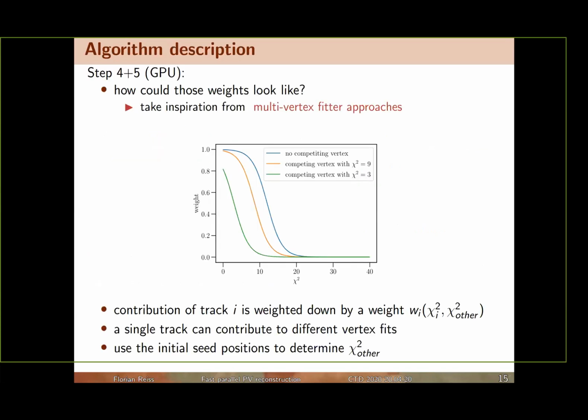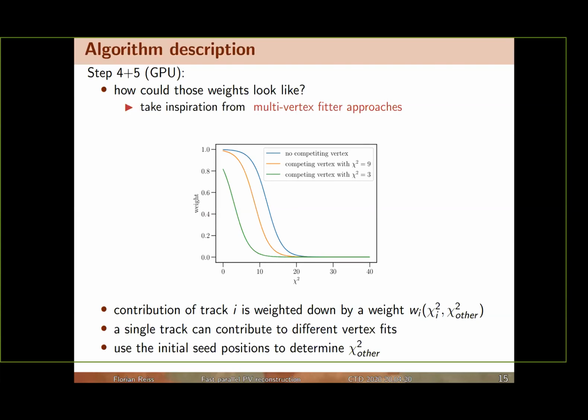So how could this weight look like? We took a lot of inspiration from multi-vertex fitting approaches, where the weight now not only depends on the chi-square of the track to the vertex being fitted, but also on the proximity of other vertex candidates close to your track.